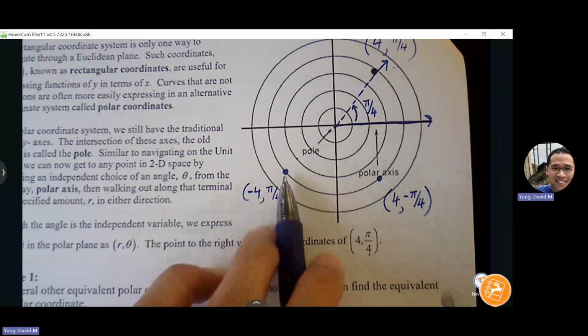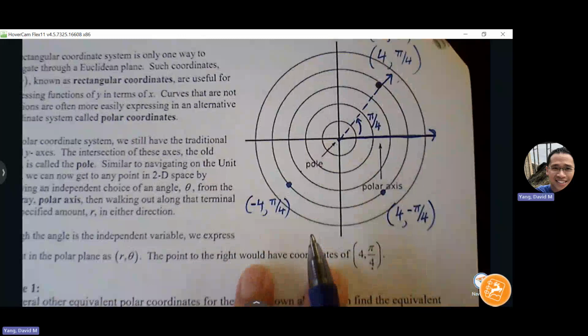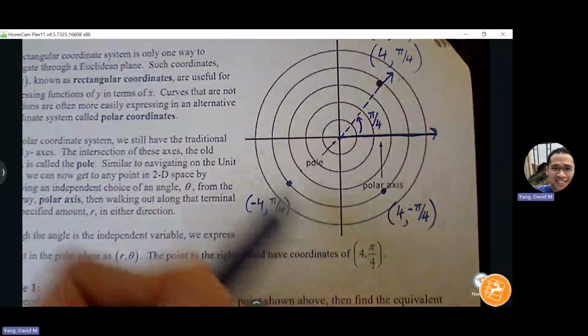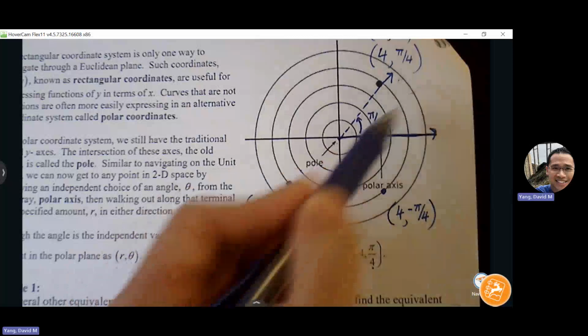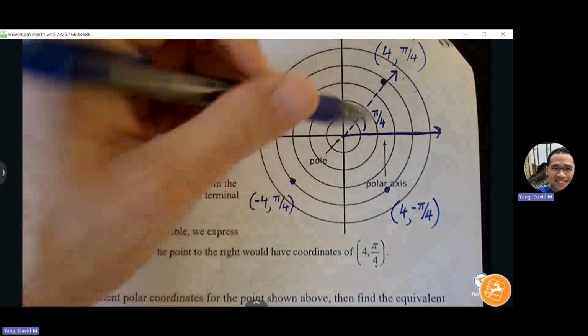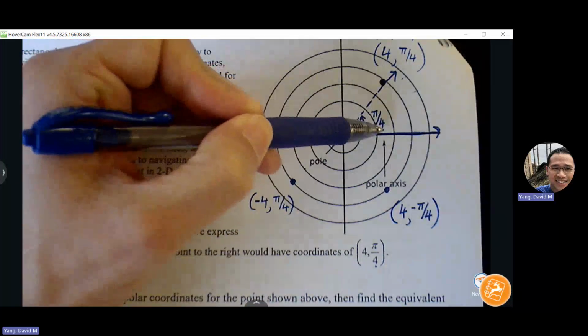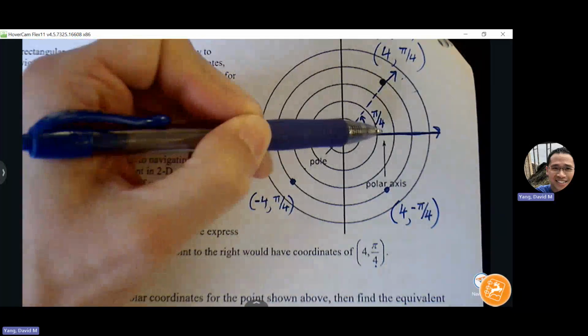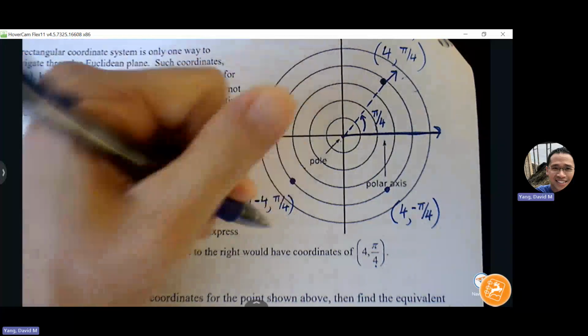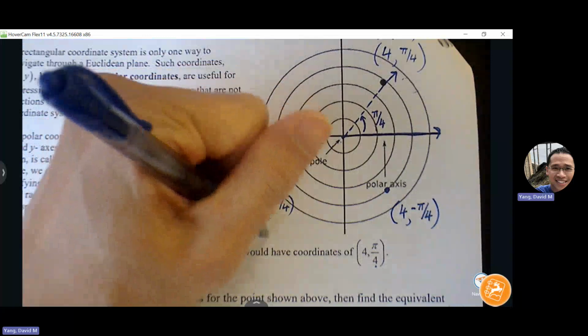Exactly. So every point in polar coordinates has infinite representations because we can always create infinite terminal angles to that same location and either walk towards or away. Yeah, so exactly, we have multiple ways of representing this. If we want to walk out from the counterclockwise position, we can go all the way to this measure, which is 5pi/4, and then walk 4 units towards 5pi/4.